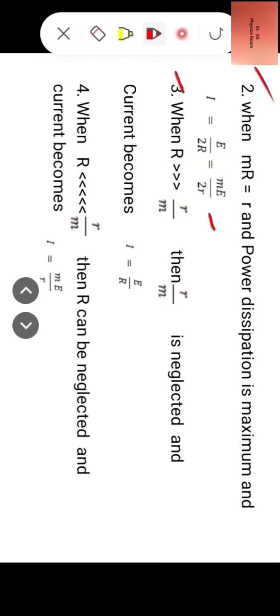When capital R is very large as compared to r by M, then r by M is neglected and current becomes I is equal to E divided by capital R. 4th, when R is very small as compared to r by M, then capital R can be neglected and current becomes I equal to ME by small r. Okay. So this is how we deal with the expression of current through load.